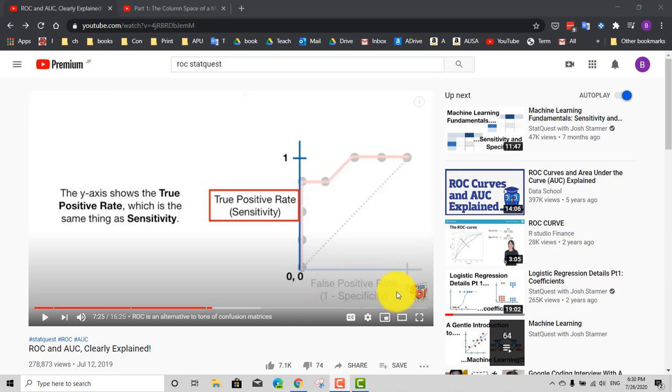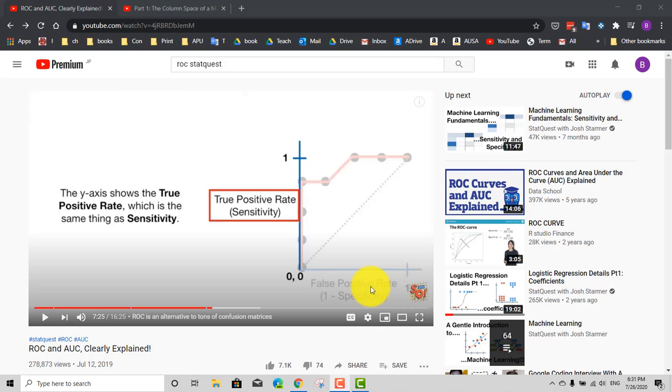It seems like a weird combination of axes, but that's what they're using. But that's not so weird, because 1 minus specificity turns out to be, and you can just look it up on Wikipedia, the false positive rate.